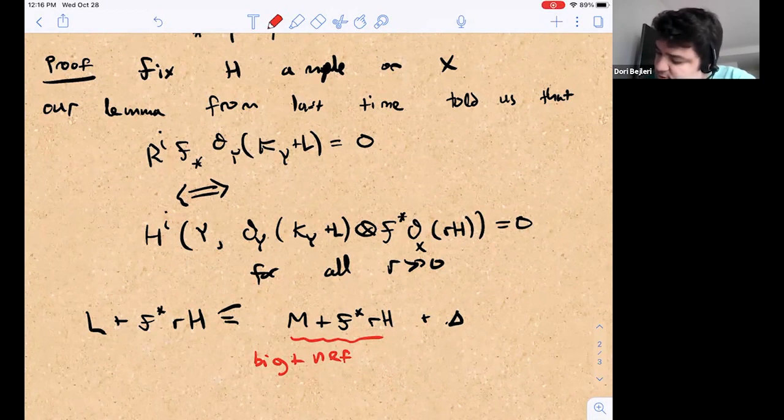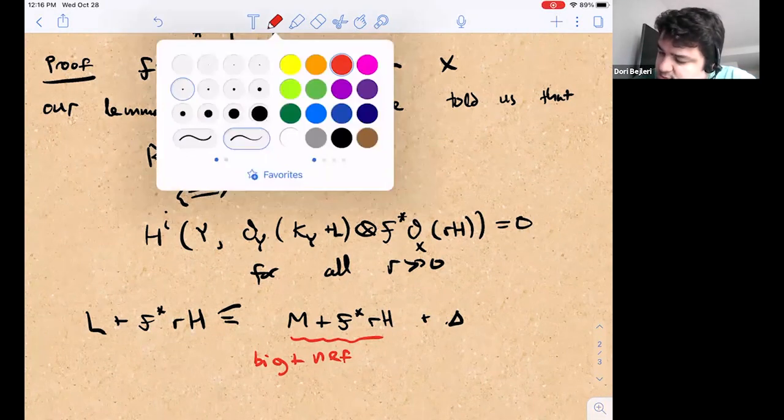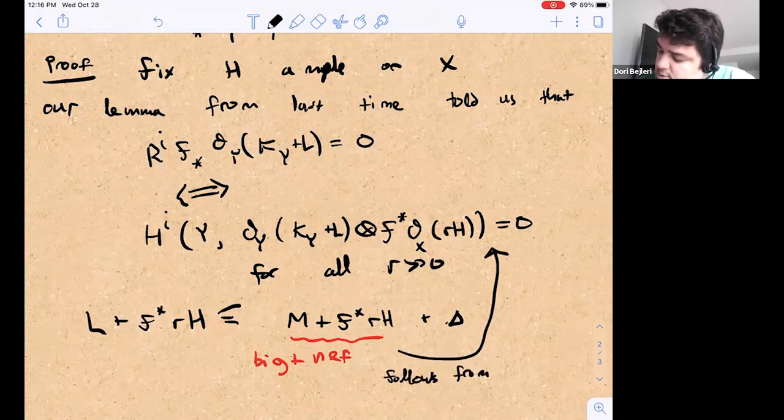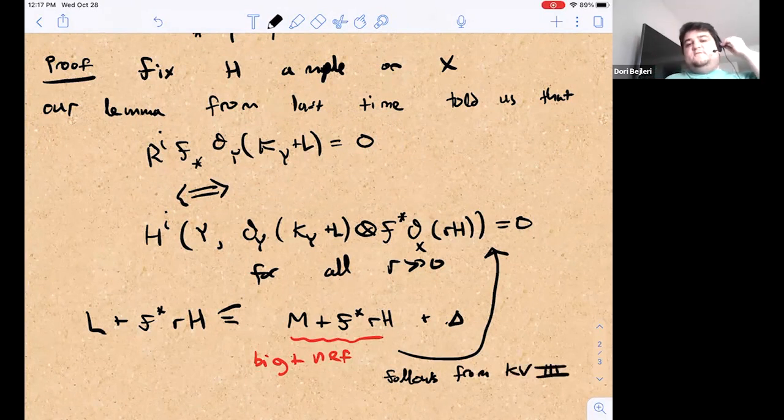So then this is 0 from the third version of Kawamata-Viehweg vanishing. And so then by that lemma, the push forwards are 0.